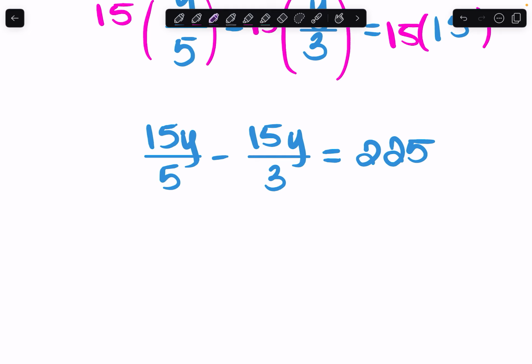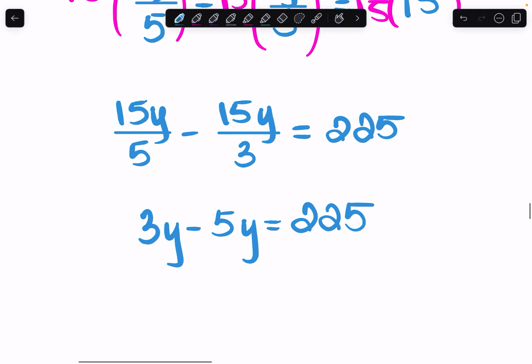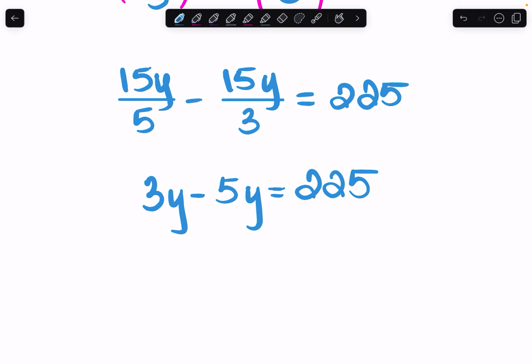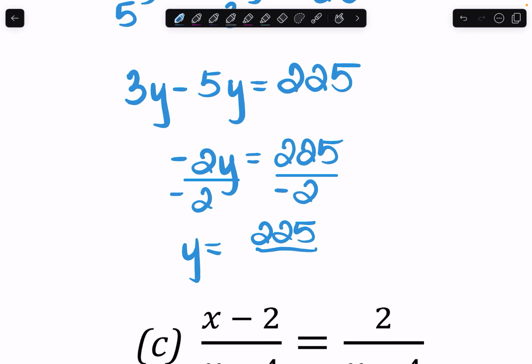So 15 divided by 5 is 3. Y just goes with it. 15 divided by 3 is 5. So our fractions are gone, and then we just continue solving. 3 minus 5 is -2. Divide the -2 off. That fraction doesn't reduce, it doesn't divide nicely, so we would just give the answer -225 over 2.